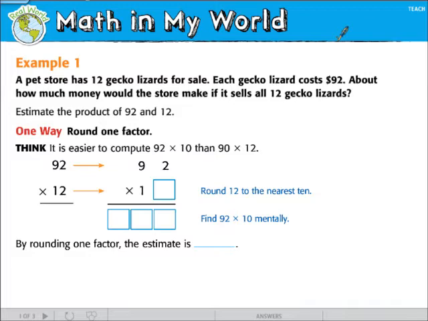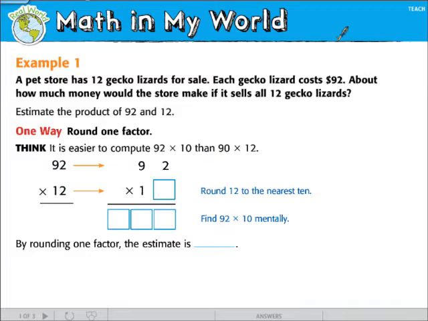So first of all, let's read our problem. It says, a pet store has 12 gecko lizards for sale. Each gecko lizard costs $92. I say they're overpriced. About how much money would the store make if it sells 12 gecko lizards? Estimate the product of 92 and 12. So one way is to round one factor.